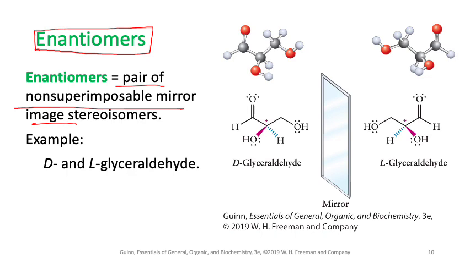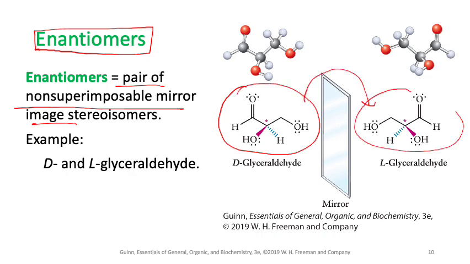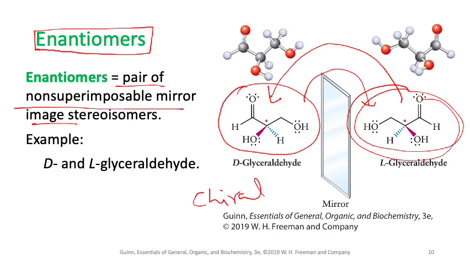Similarly, if we take the example given over here, one molecule has a mirror image, and if I try to overlap this molecule on the original molecule, they are not going to overlap, meaning they are non-superimposable. That means they are chiral molecules.